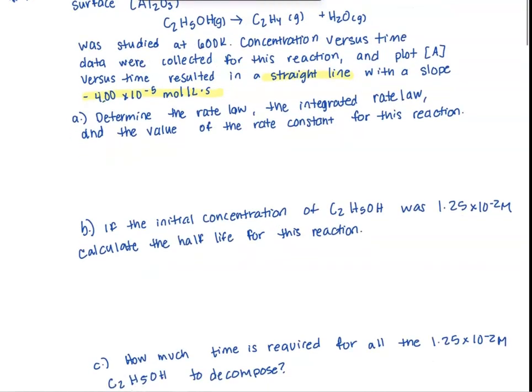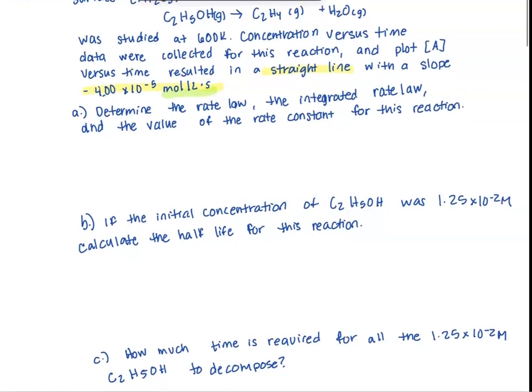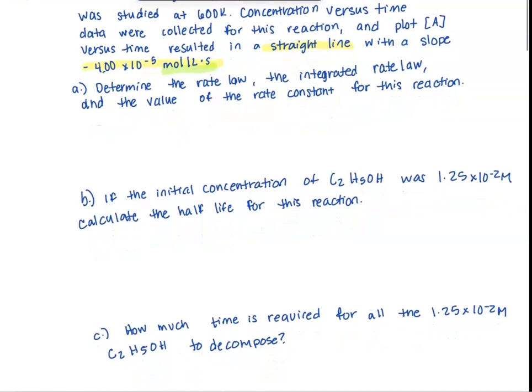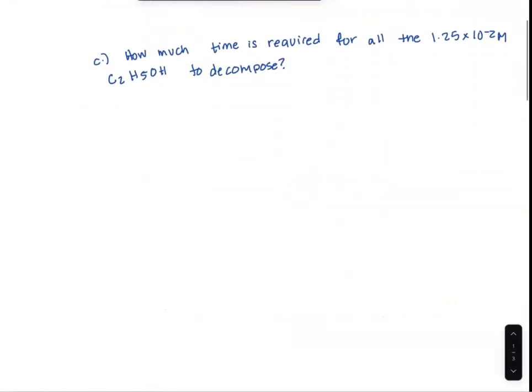There's a couple of things that they give us. One is our units, which I'm going to highlight in green: moles over liters times seconds. Another thing is that we have a plot of just concentration versus time.